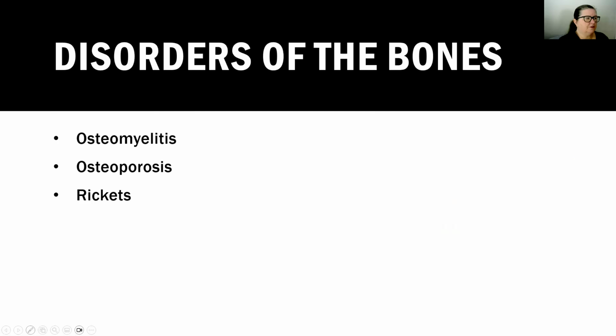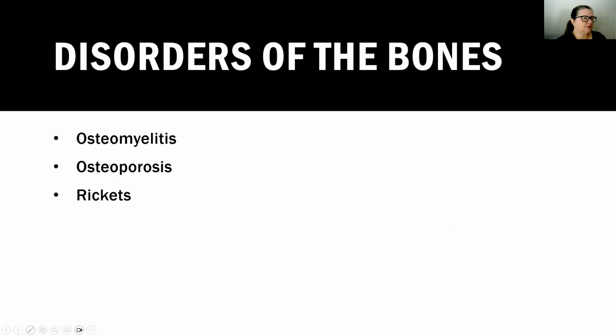Osteomyelitis is another disorder of the bone. This is generally due to infection of some type. Osteoporosis is a lack of calcium, lack of minerals. It's a softening of the bone. Actually, not softening, more brittle. Softening would be osteomalacia.